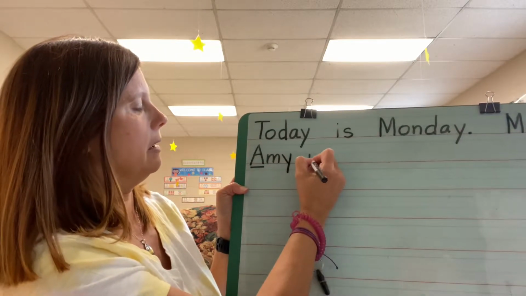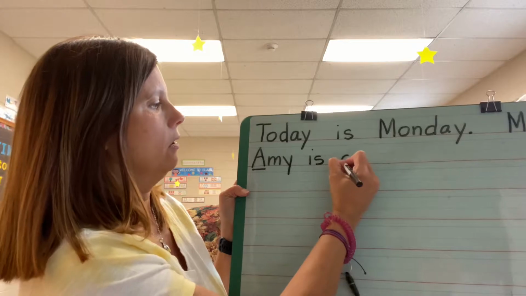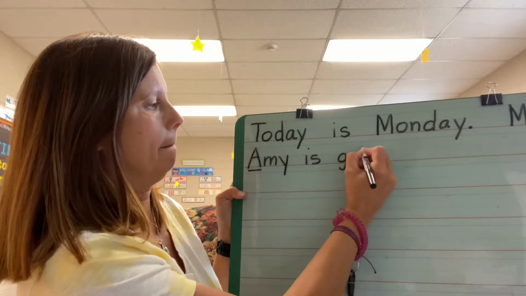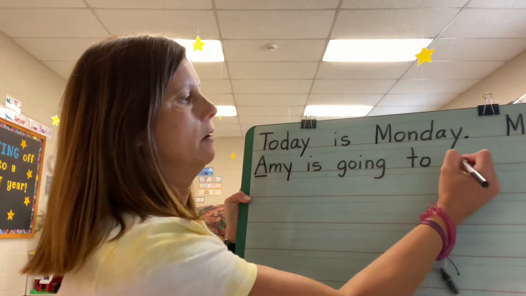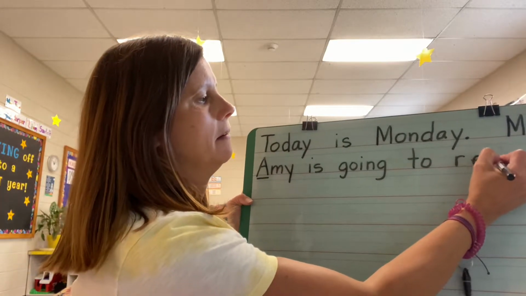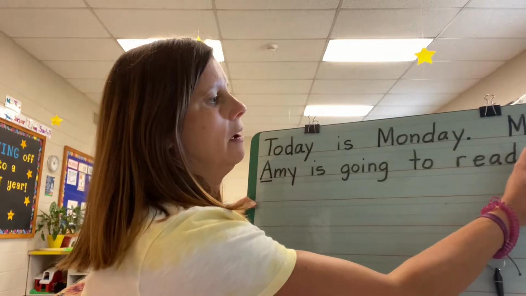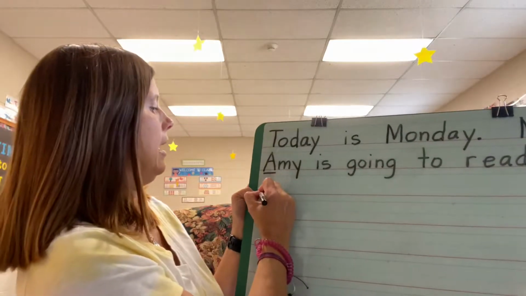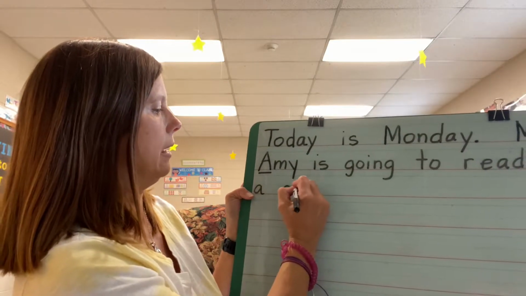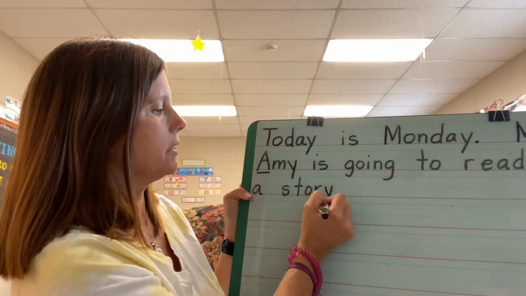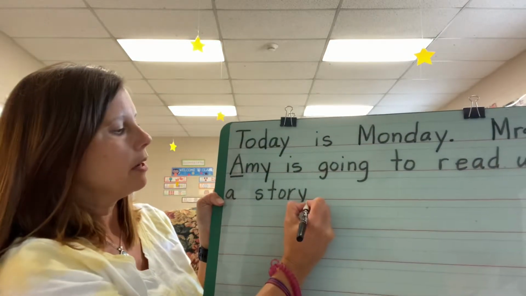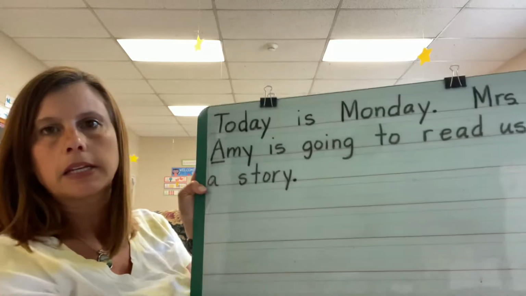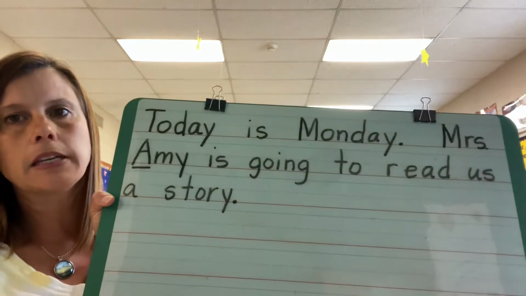Miss Amy is going to read us a story. And then I need to have something else at the end here. Do you remember what I called that? That is a period or a stop sign, because that is a complete thought or a sentence.